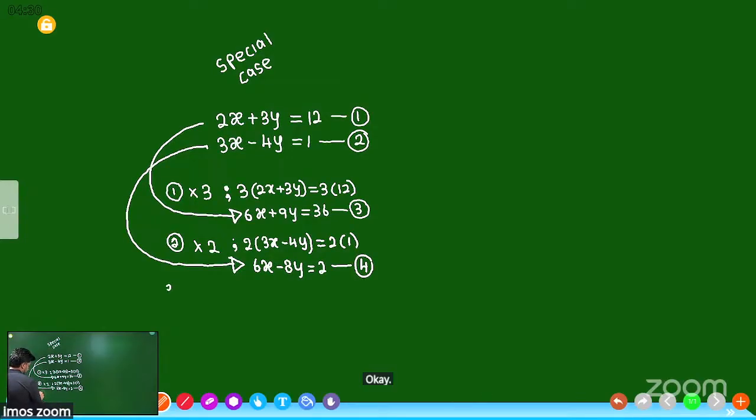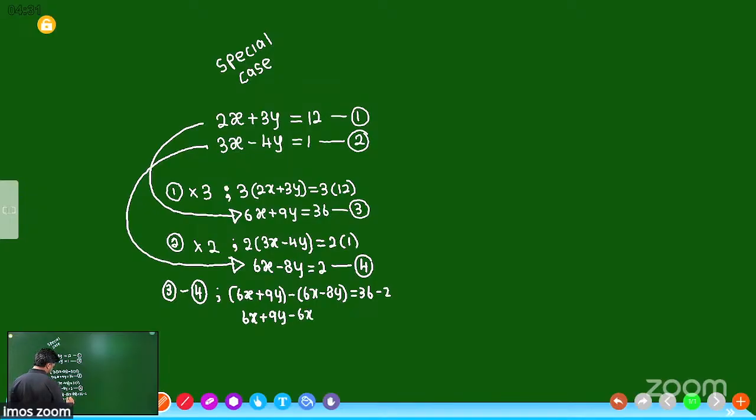I subtract 4 from 3. Minus minus plus, 6x minus 6x, 36 minus 2 it is 34. 9y plus 8y it is 17y.